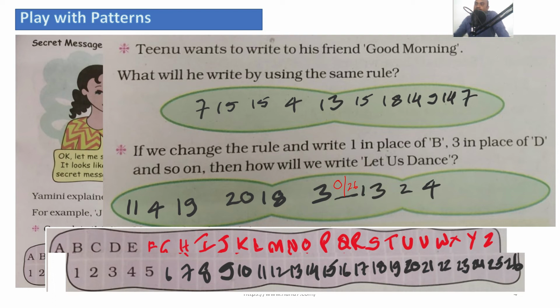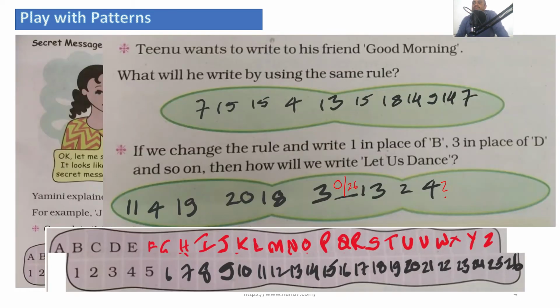Or, to avoid confusion, you directly go with 3 0 13 2 4. So that is about let us dance. For question marks and all those things I didn't consider here, so you can put the question mark here, let us dance.